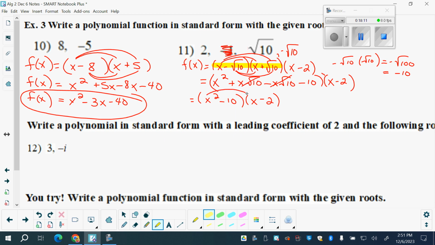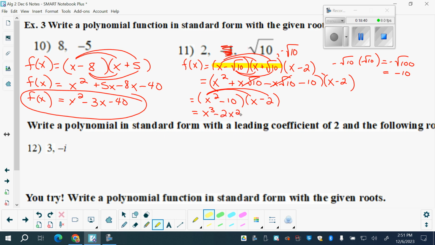So x squared times x is x to the third, x squared times negative 2. Nick, can you tell us what we get for that? The x squared times the negative 2. Minus 2x squared.